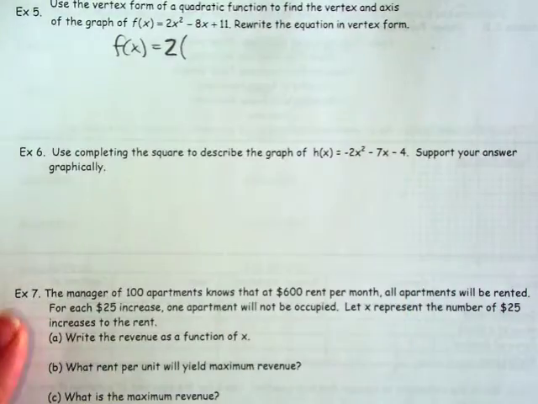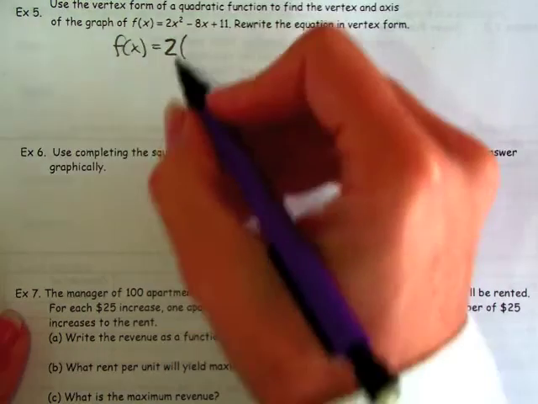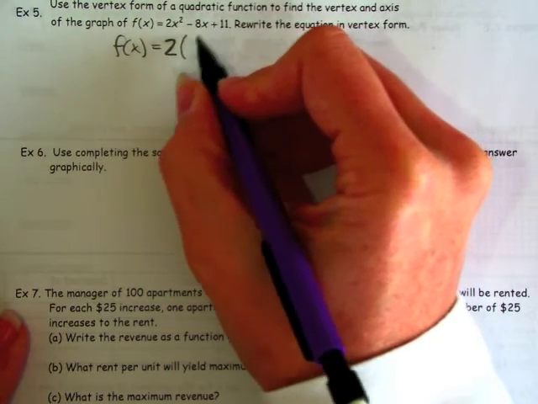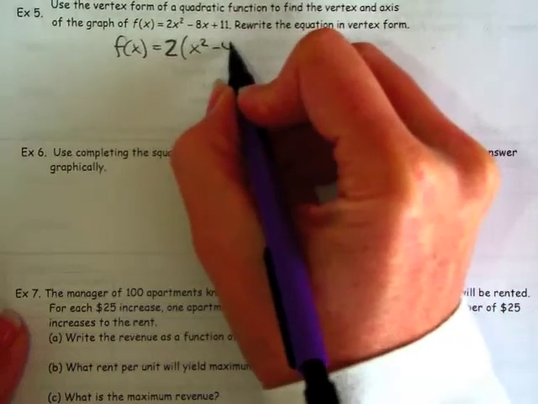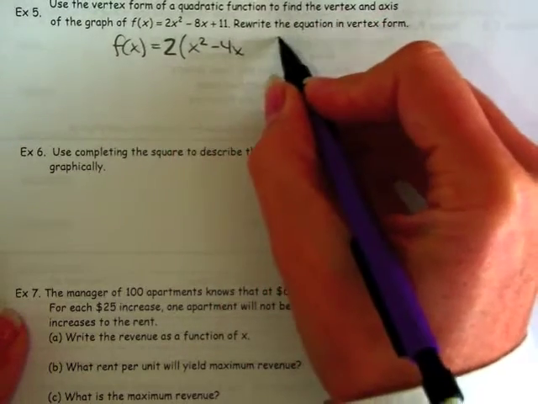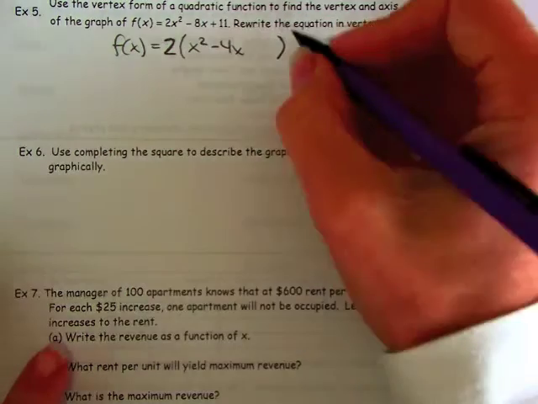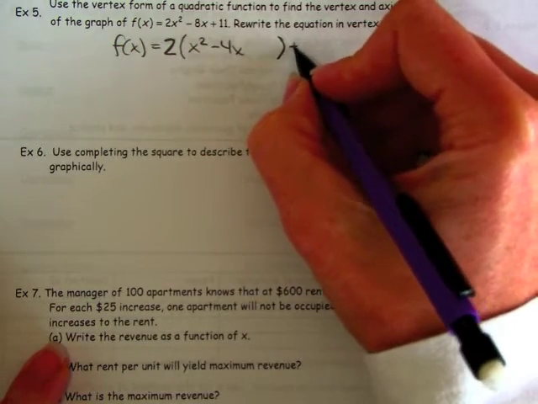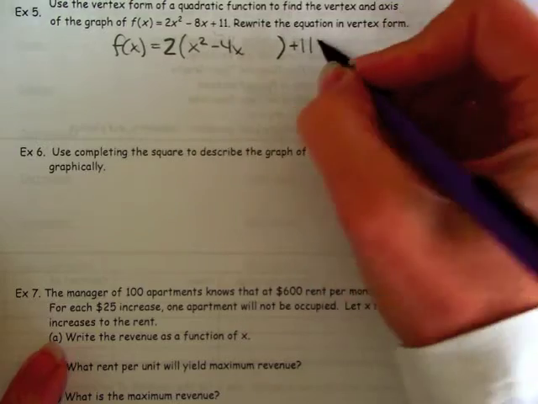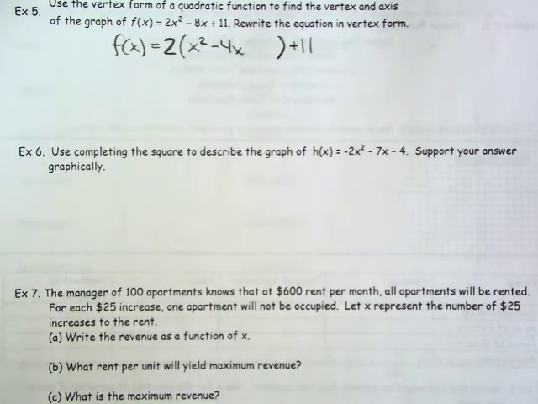That won't give me a plain old y equals. So I factor out the 2 from the two x terms. x squared minus 4x. I need room there to be able to write my third term. And so I leave a little space, and then I put my plus 11 just a little further to the right so I have space.